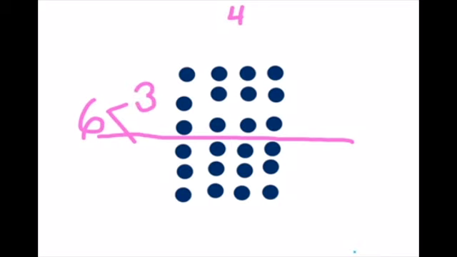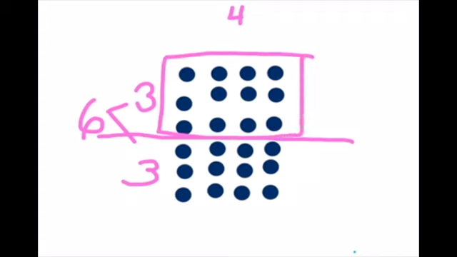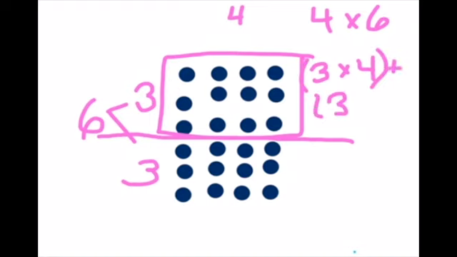I see a 3 and a 3 right here. So this top part would be the same as saying, instead of saying 4 times 6, this is like a 3 times 4 plus another 3 times 4, or 4 times 3, right?